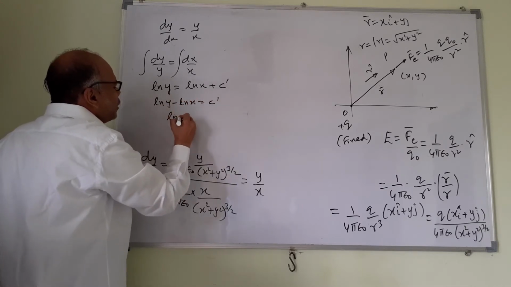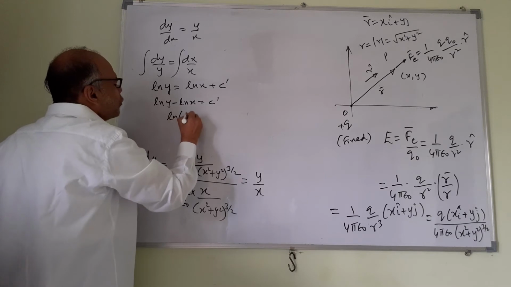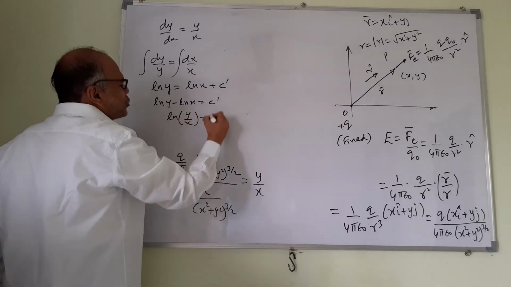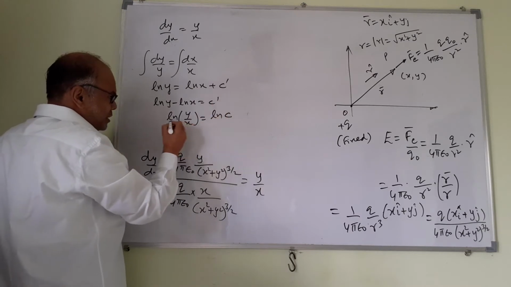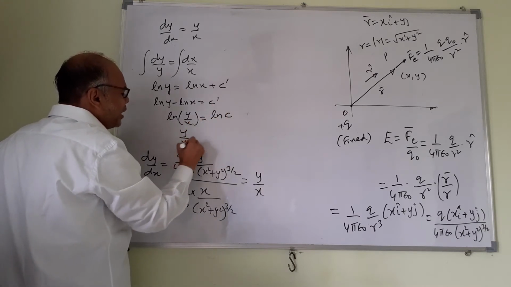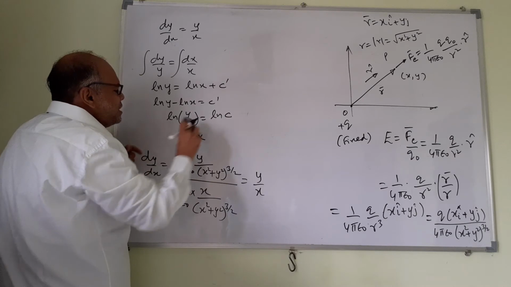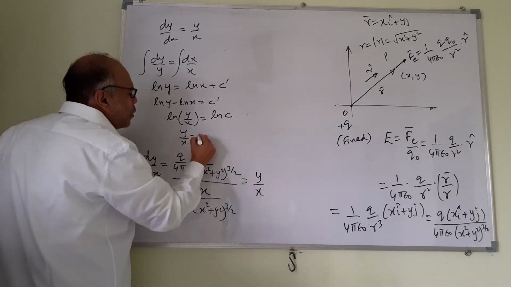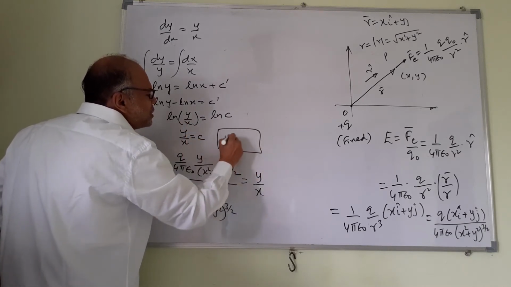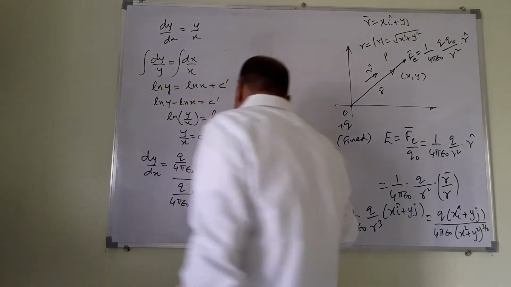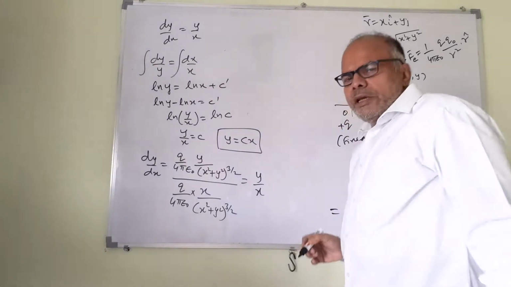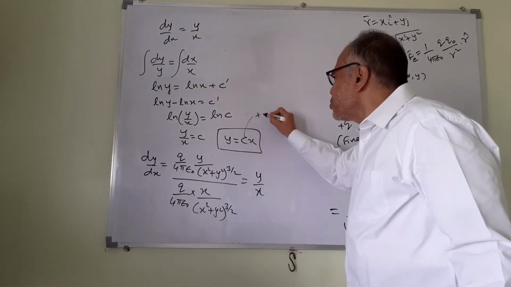This is nothing but ln of y by x. This constant c dash I could put as ln c. So that ln goes off and I get y by x equal to c, or y is equal to cx, where c is some real number. c can be positive or negative.